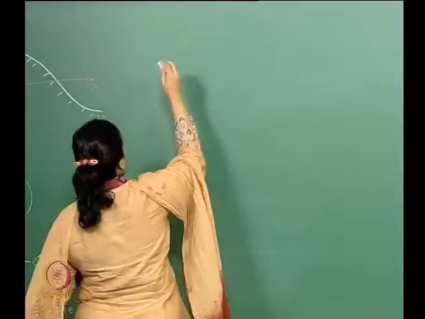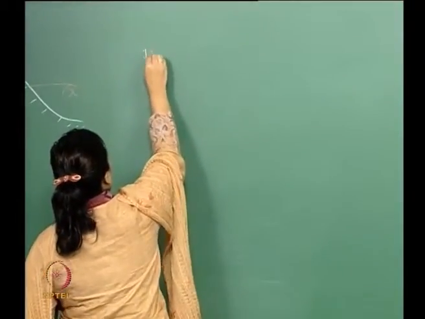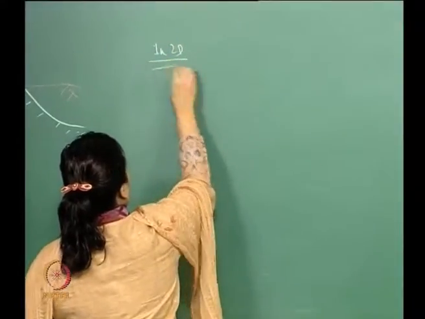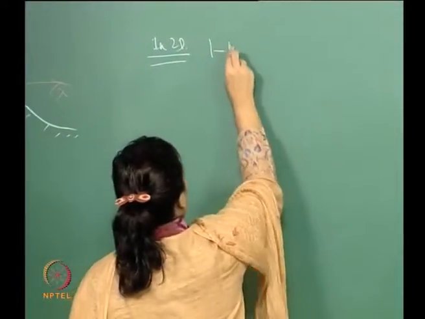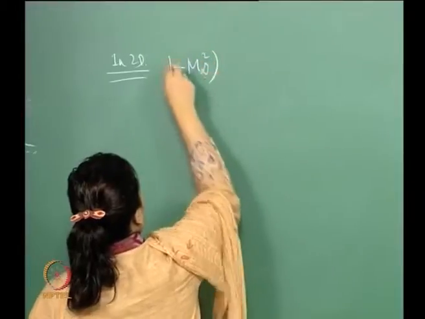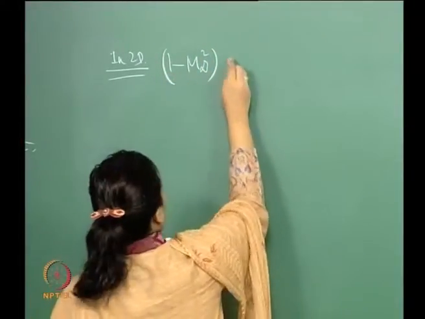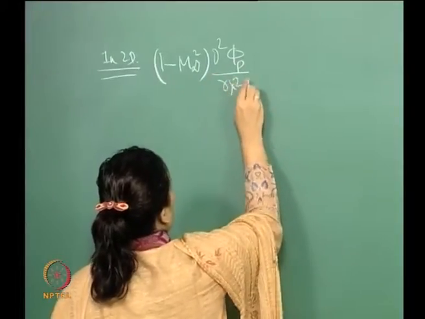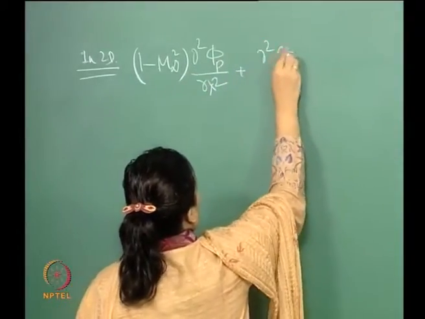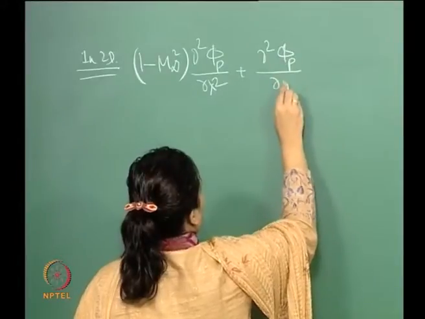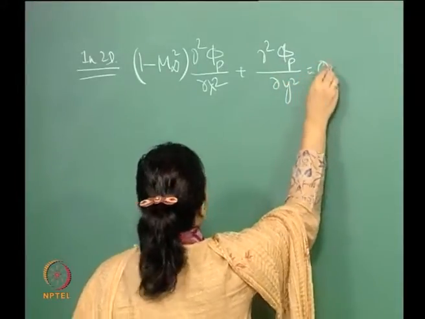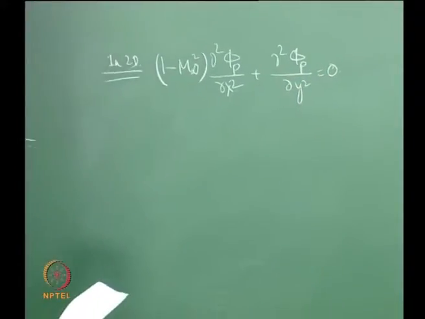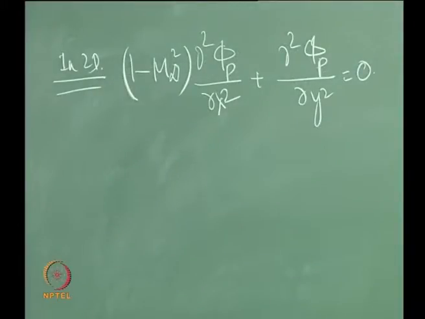So essentially what we have in 2D, okay, this is what we have. Okay. So, this is the governing equation now. So, how do we go ahead and solve this?